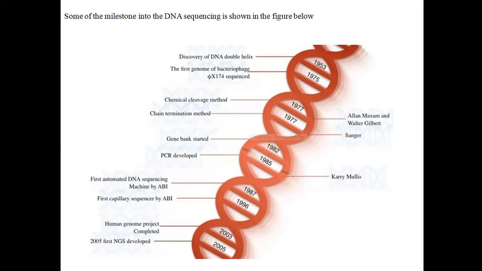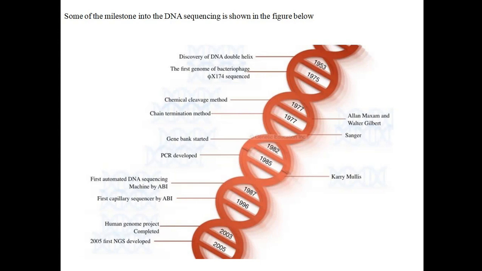So this method is known as the Maxam-Gilbert method. And later a chain termination method to determine the sequence was developed by Sanger and group.